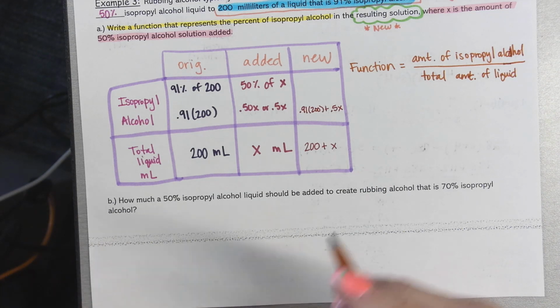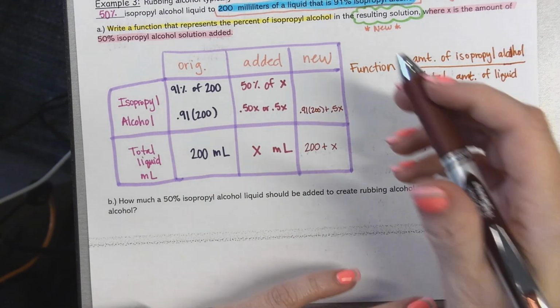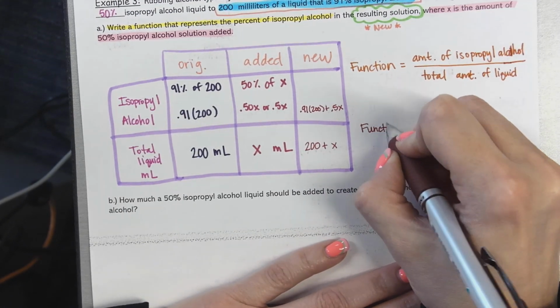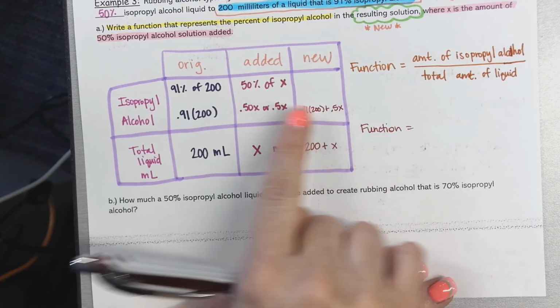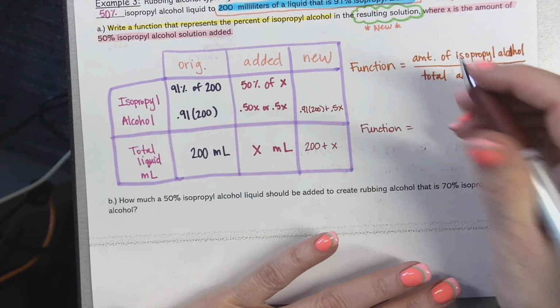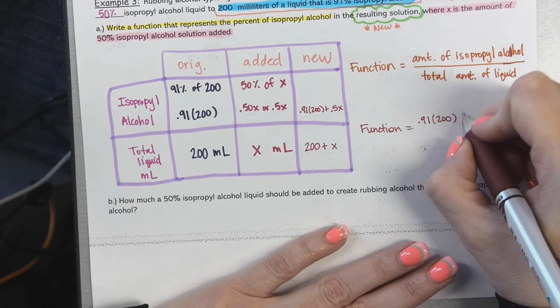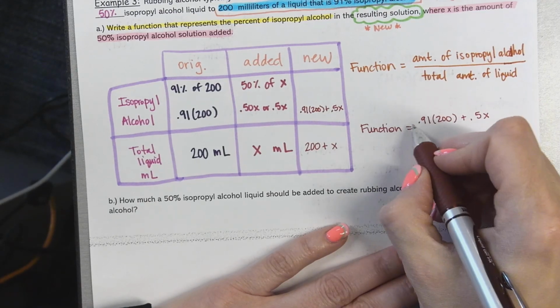Okay, so it's the isopropyl alcohol over the total amount of liquid. So for this function, we're going to take what we have in our table. So the amount of the isopropyl alcohol is what we calculated here. Okay, so the isopropyl alcohol is the 0.91 times 200 plus the 0.5x. And if you wanted to simplify that here, you could.